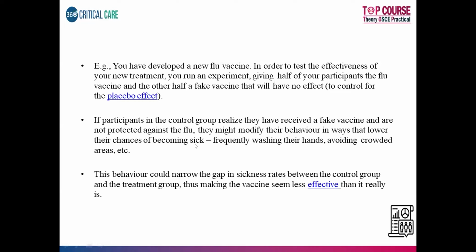For example, they start washing their hands frequently, they start avoiding crowded areas because that's where you commonly get the flu. This behavior could narrow the gap in sickness rates between the control group and the treatment group, thus making the vaccine seem less effective than it really is. That is the reason you need to blind the participant.